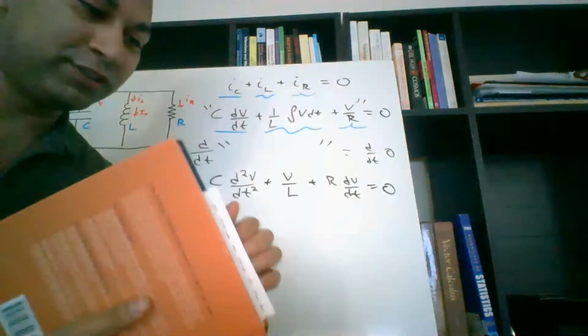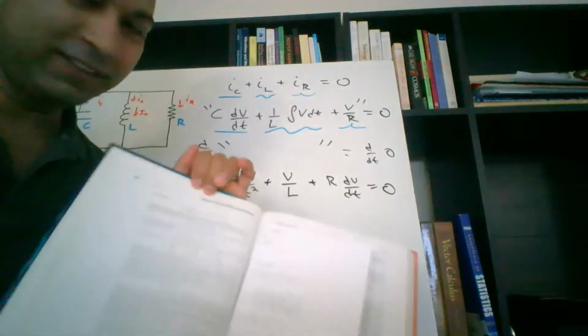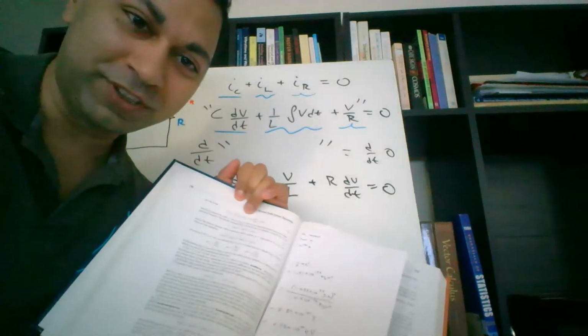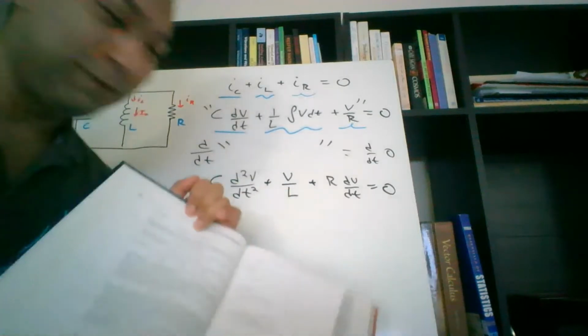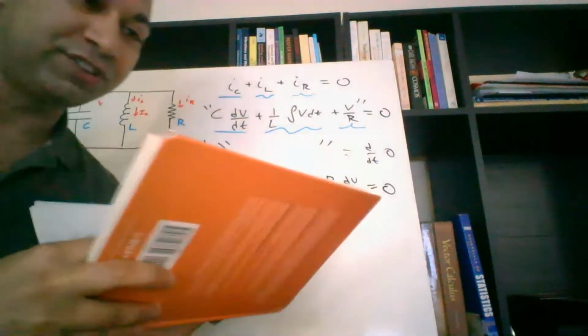Here we go. And so I look inside my lovely differential equations book, and I go into the second order differential equations chapter, and I look up what the solution for this type of differential equation would be. And we're going to have to write a characteristic equation for it.